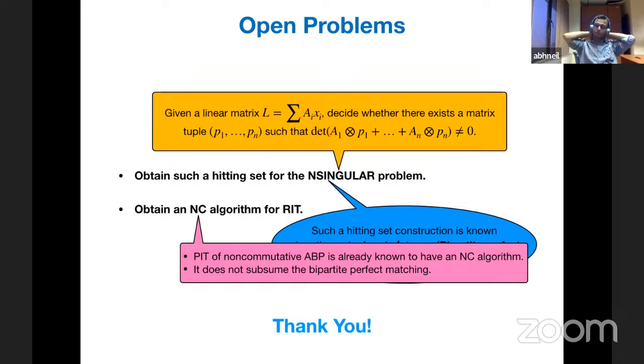And Forbes in his thesis showed that even the Raz-Shpilka algorithm can be adapted. It is an NC algorithm in white box. So we suspect that for rational identity testing also in white box, you can obtain an NC algorithm. And the algorithms of Garg, Gurvits, Oliveira, Wigderson and Ivanyos et al. are all sequential.